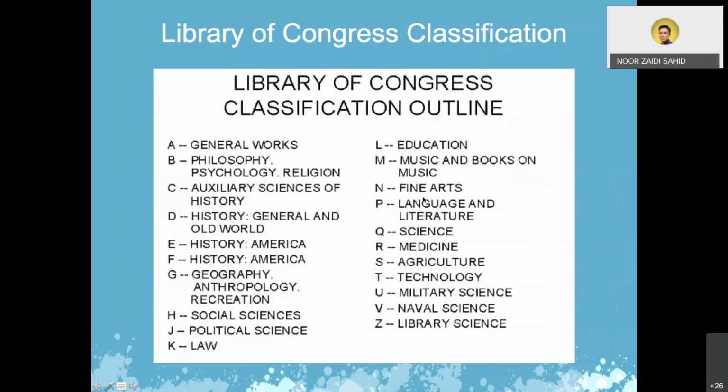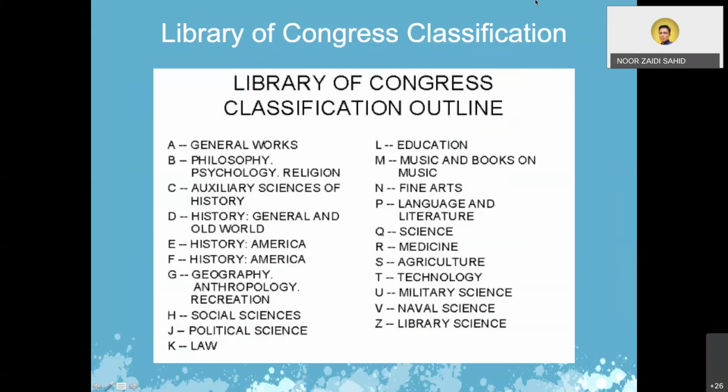And this is the Library of Congress classification scheme, or classification system, LCC. For LCC, dia tak menggunakan Dewey. Dia tak gunakan number, but they use alphabet.